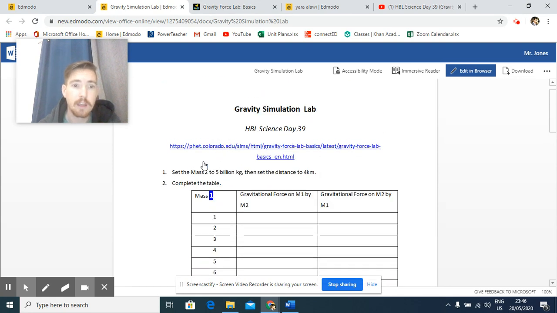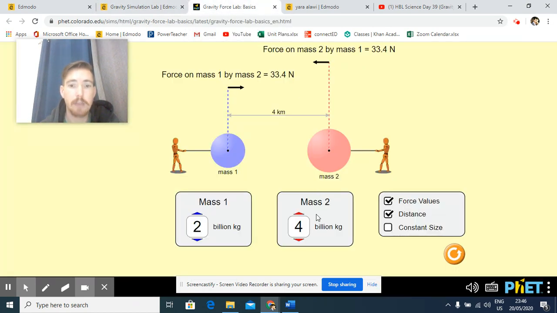So if that's all loaded up, first things first, as I said in the last video, set mass 2 to 5 billion kg and set the distance to 4 kilometers. So here's mass 2, represented by this object. And the distance between them is 4 kilometers. Mass 1, mass 2, distance between them, 4 kilometers.